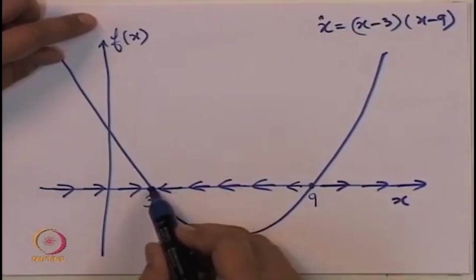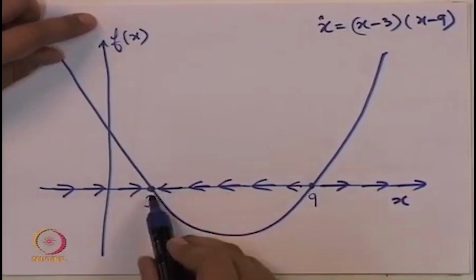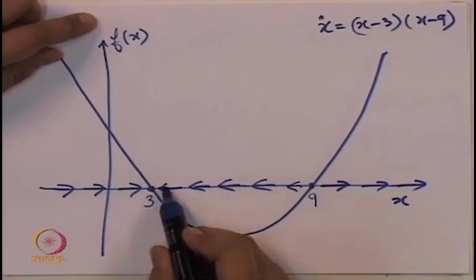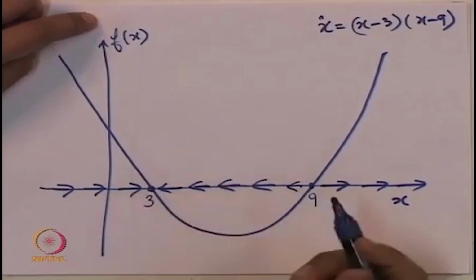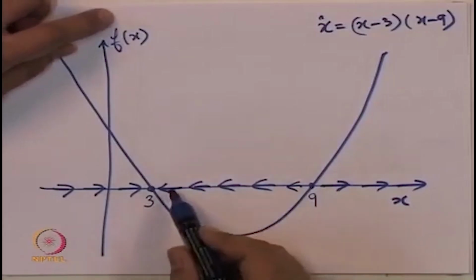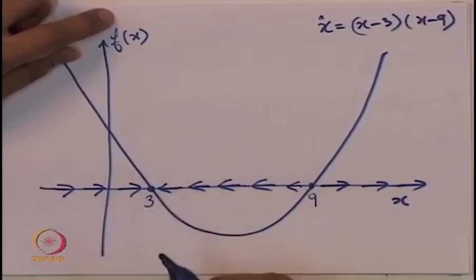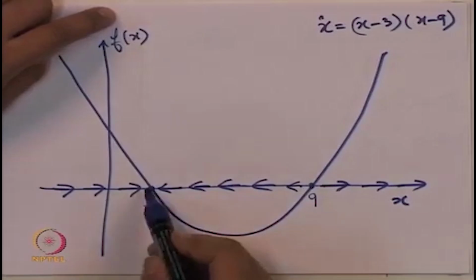On the other hand, please note that 3 is also an equilibrium point, but for very small perturbations to the right, all the arrows are pointed towards the point 3, and we expect that for small perturbations in the positive direction of 3, the trajectories are moving back towards 3.